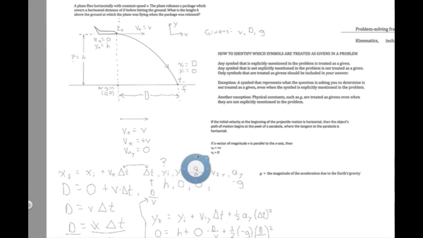So suppose you move to a planet with stronger gravity. Doesn't it make sense that if there was stronger gravity, we would expect the path to look more like this? With stronger gravity, the path would curve down more quickly and the package would hit the ground sooner. So notice that with stronger gravity, we would tend to expect to cover a smaller d.